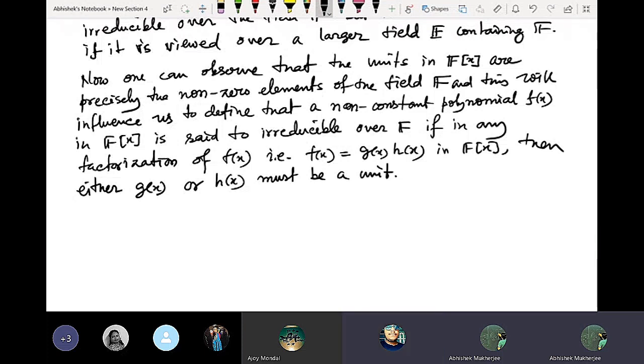That is a constant. So that is the way you can view irreducibility of a polynomial f(x) over the field F also.